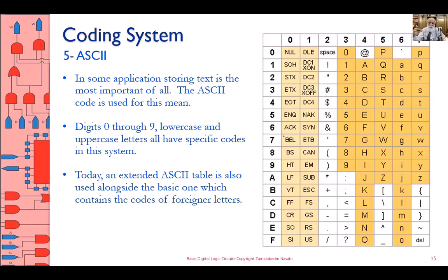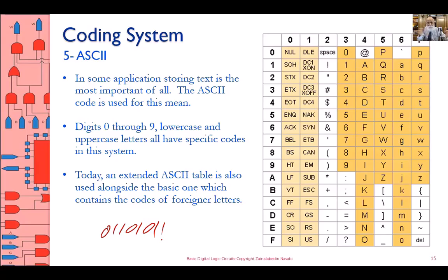Lastly, in the coding system, like I said, when you see a string of ones and zeros, 0, 1, 1, 0, 1, 0, 1, let's put another 1 here. If you see this, and I ask you, what is this? You don't know. I have to tell you whether this is a number. If I tell you this is a number, this is maybe a complete 8-bit number, maybe not.